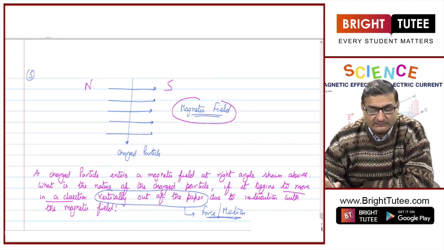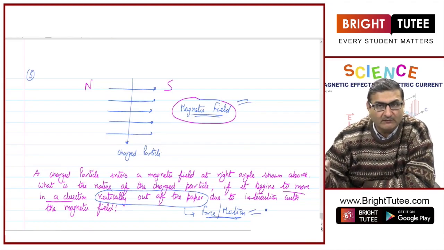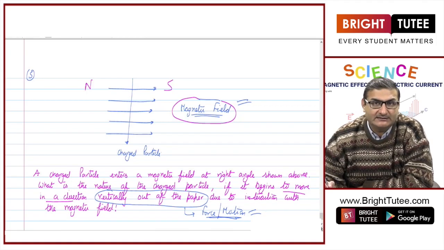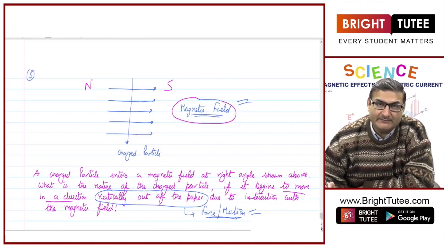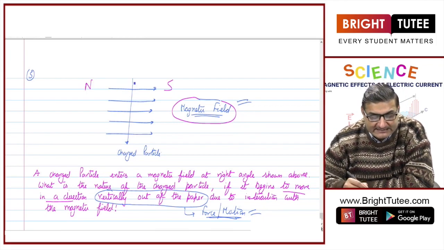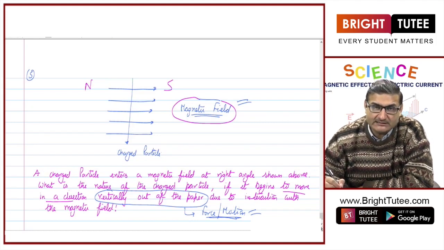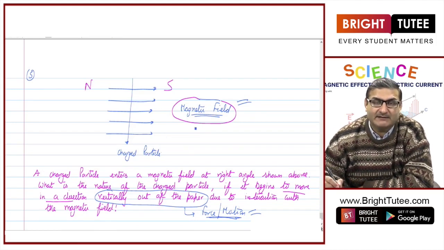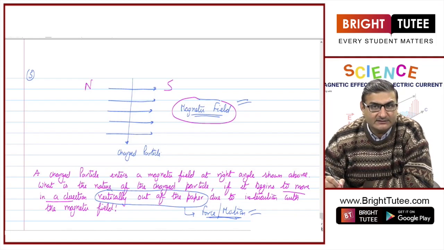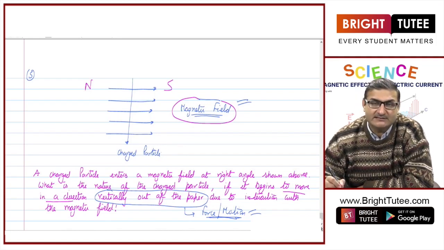Now what we will do is, we know the direction of magnetic field, we know the direction of motion, we will find the direction of current using Fleming's left hand rule. Now if the direction of current is same as that of this direction of charged particle, so we will apply our basic knowledge that this charged particle would be a positively charged particle because the direction of current and direction of positively charged particles are taken to be same.